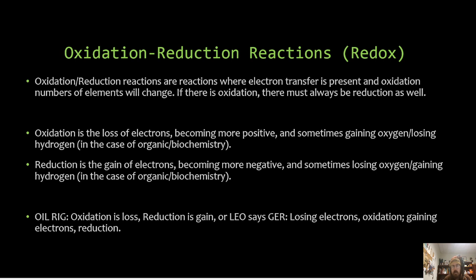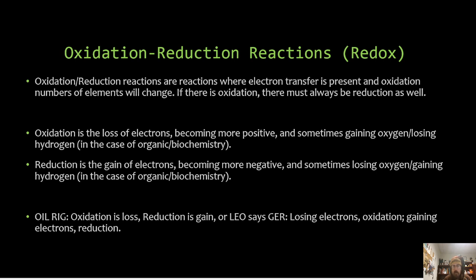So methane would be the fully reduced version of a hydrocarbon, with carbon dioxide, with 4 carbon-oxygen bonds and 0 carbon-hydrogen bonds, the fully oxidized version. Reduction, on the other hand, would be becoming more negative because we're gaining electrons. And so when you're being reduced, typically the atom is losing oxygen bonds or gaining hydrogen bonds.